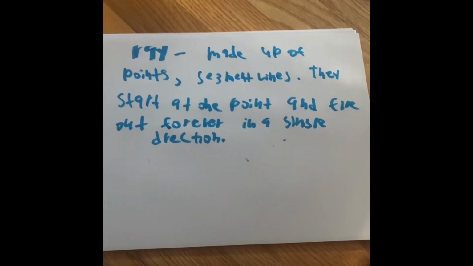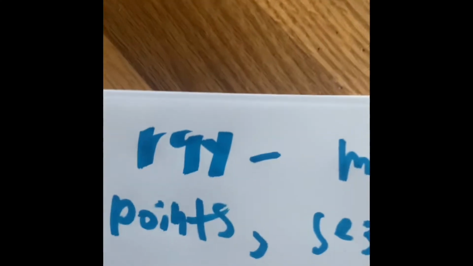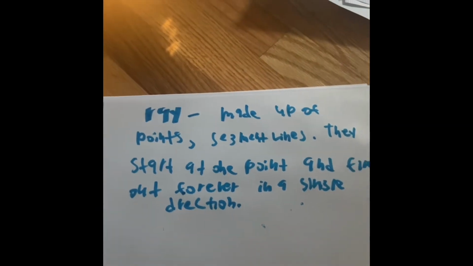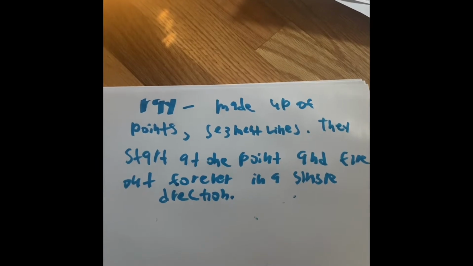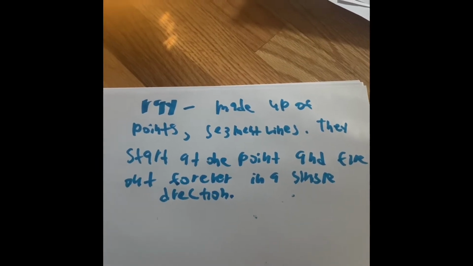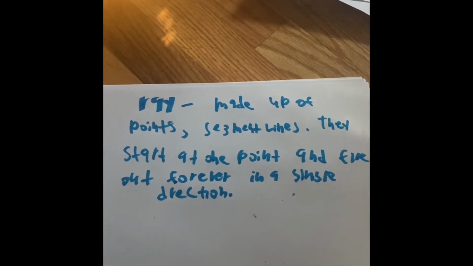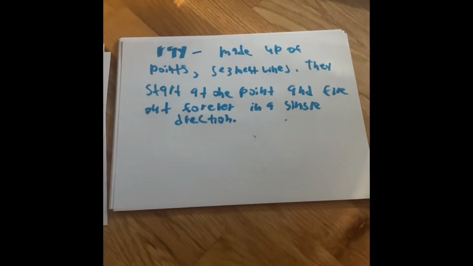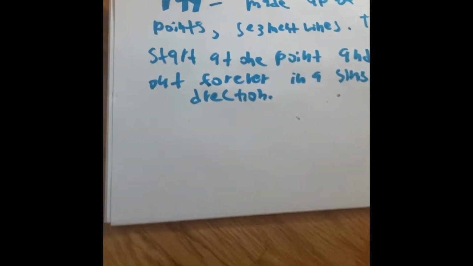Next, we're going to look at something that's called rays. Rays are made up of points, segment lines, and they start at one point and shoot out forever in a single direction. So here's an example.